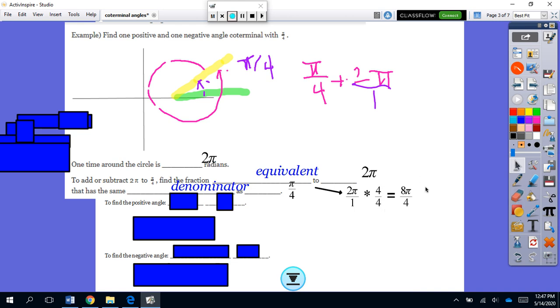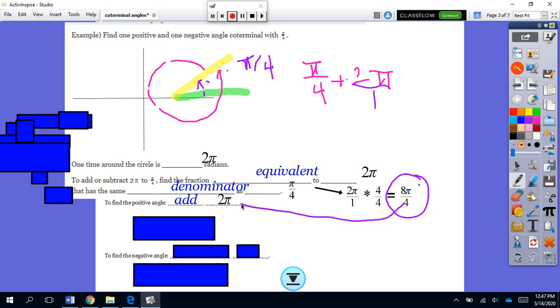So now I have the quantity I need to add or subtract to my pi over 4 angle. If I want a positive angle, I'm going to add 8 pi over 4, which is equivalent to 2 pi.